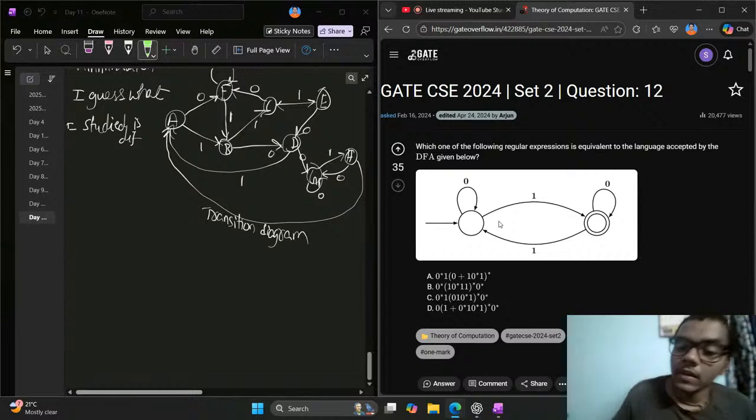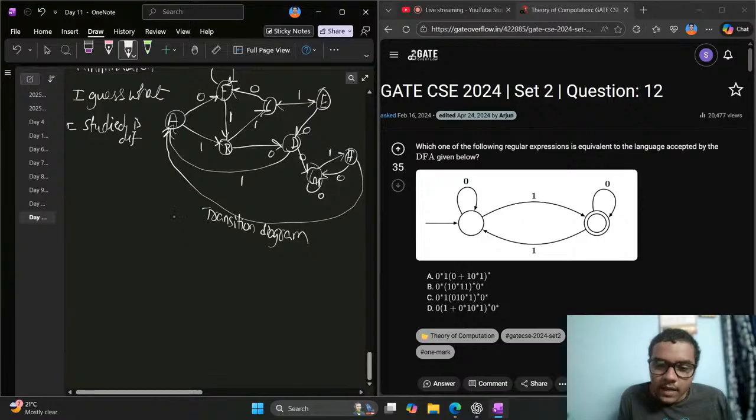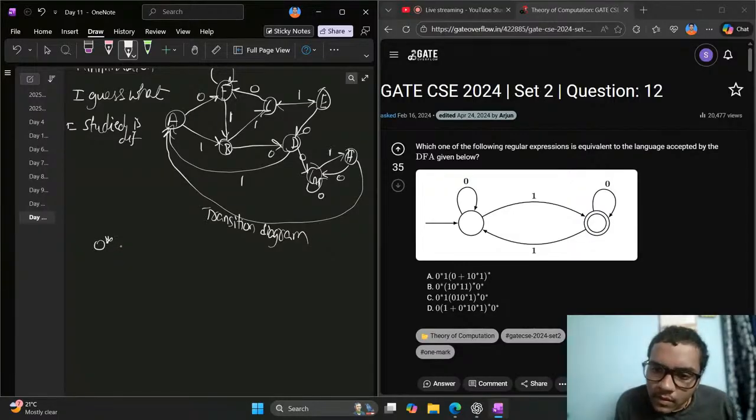Which one of the following regular expressions is equivalent to the language? Yeah, I should be able to do this one. So you can have any number of zeros that is followed by 1.